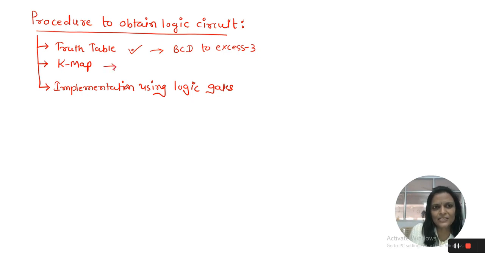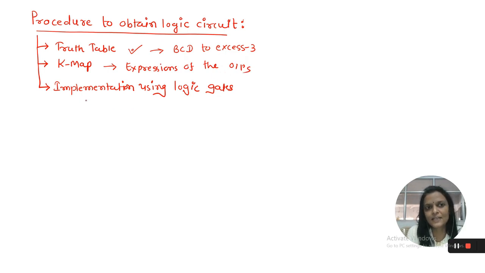Second step is to prepare the K-map for the given table to obtain the expressions of the outputs. And third is the implementation using logic gates according to the expressions obtained in second step.